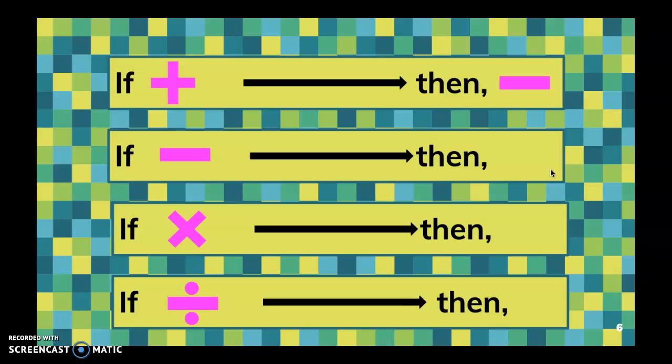If I see subtraction, my inverse operation would be to add. That's how I undo it. If I see multiplication, the inverse operation to undo it would be to divide. And last, if I see division, what am I going to do to undo it? Multiply.